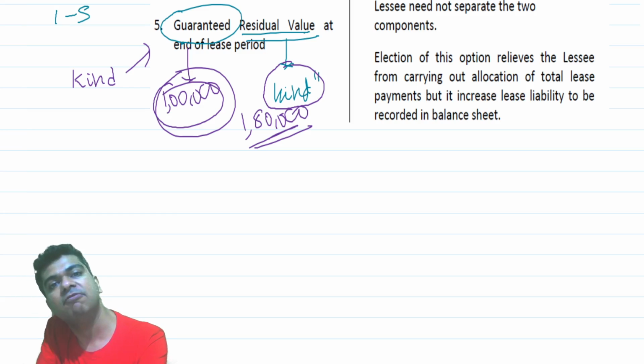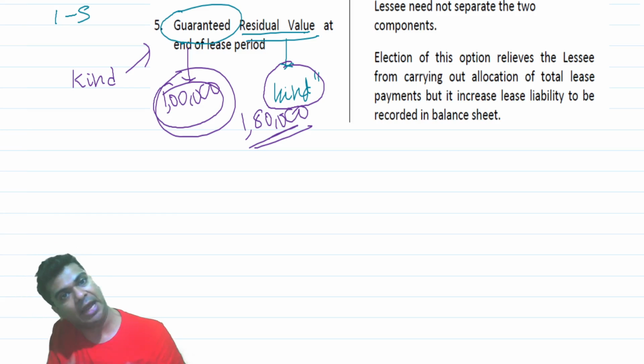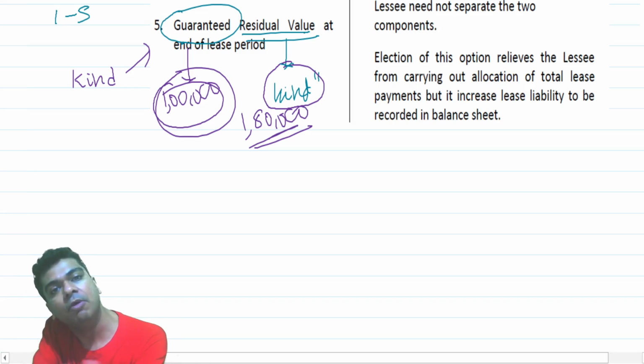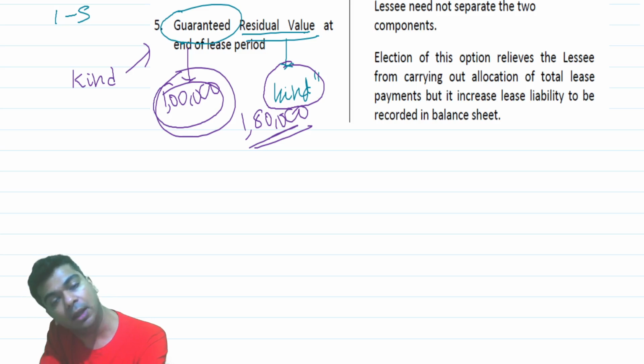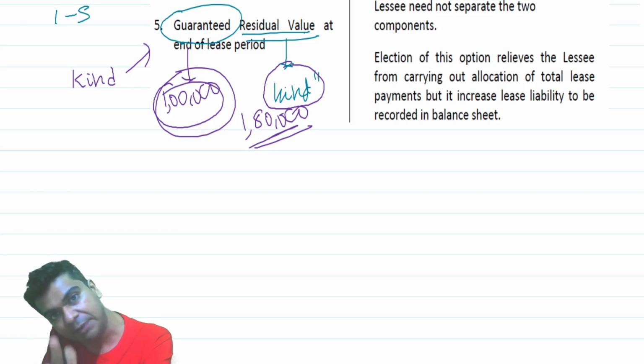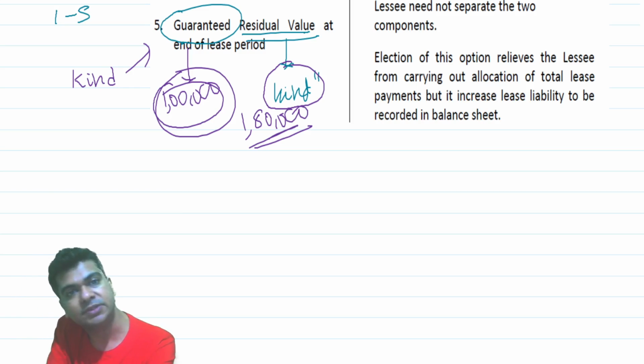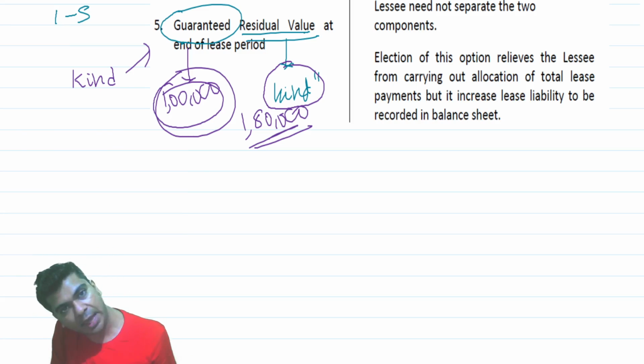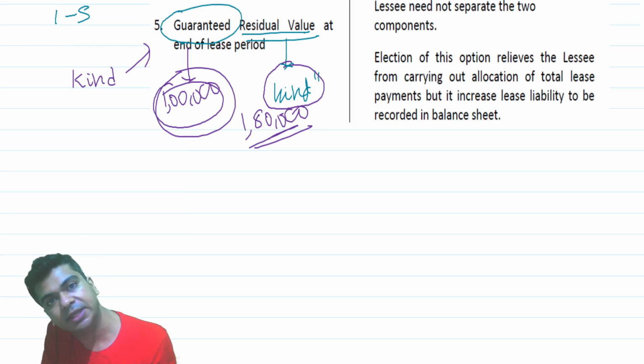I have to pay 1 lakh rupees in kind. By kind, I mean the value of the asset that you return back, minimum of minimum should be 1 lakh. Anything less than 1 lakh, you will have to bear the shortfall and make a cash payment to the lessor. Anything more than 1 lakh, fine. We guaranteed 1 lakh and we have satisfied that obligation.